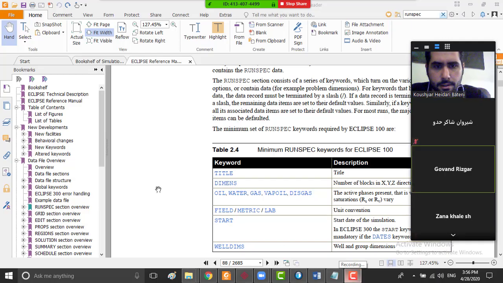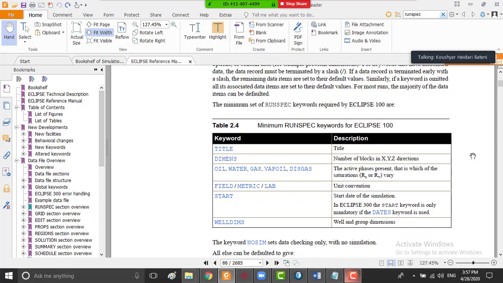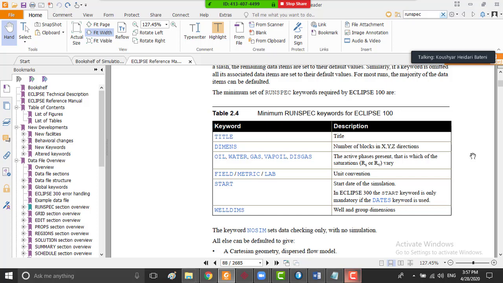So we were using the reference manual to understand the meaning of the various keywords we see in the data file. To give you a quick review, we learned that the minimum set of run spec keywords required by Eclipse 100 are these keywords: title, dimens.